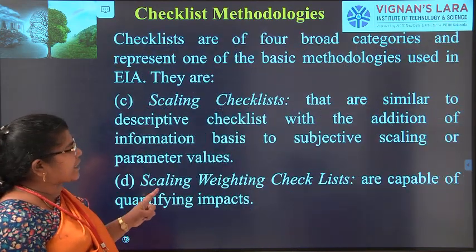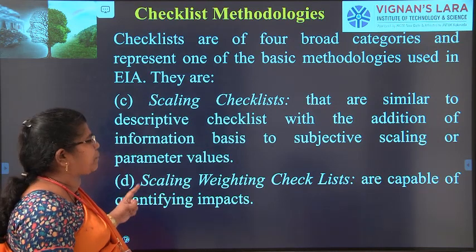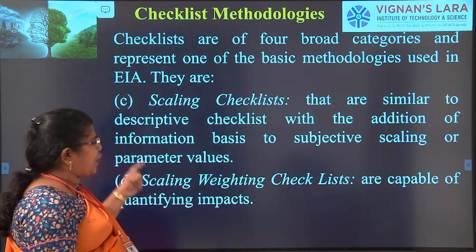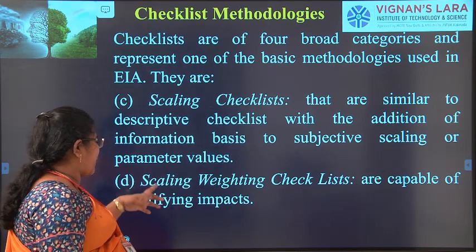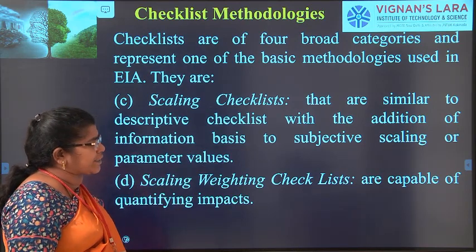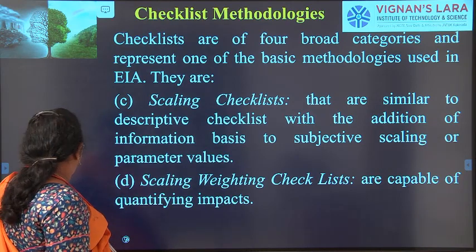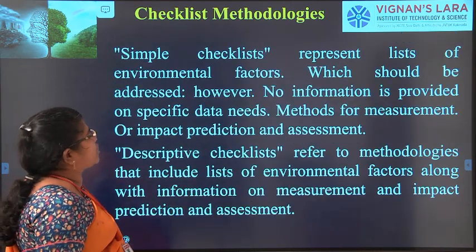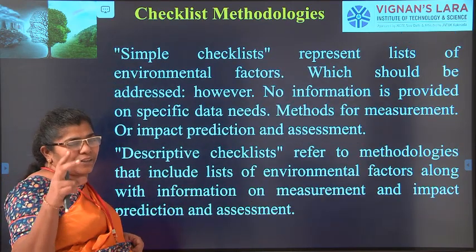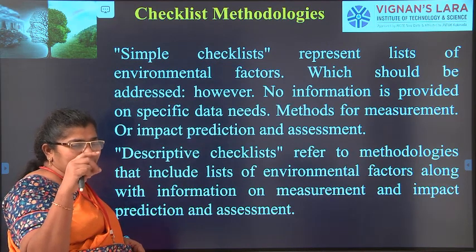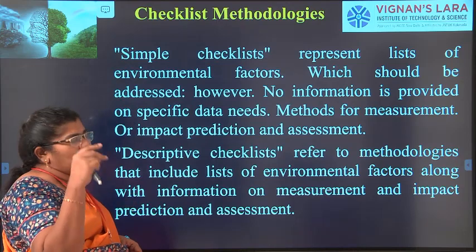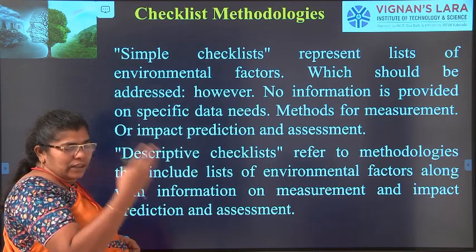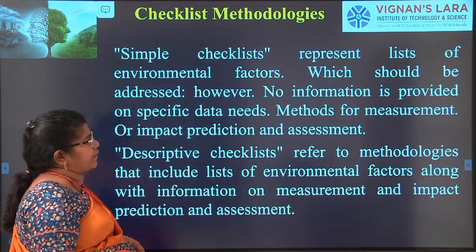Third, scaling checklists that are similar to descriptive checklists with the addition of information basis to scaling and parameter values. The scaling and weighting checklists are capable of quantifying the impact. So we will take the simple checklist first, with a small amount of numbers only. Then we will go in for the detailed study of that method.